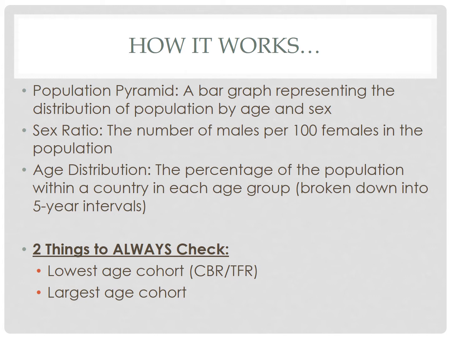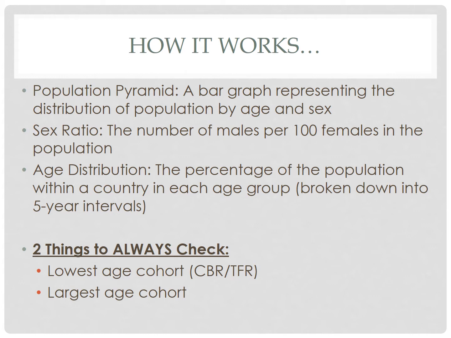So we standardize one of the sexes, in this case female, so it'll always be out of 100 females, and for every 100 females, how many males do we have? It could be 90 males for every 100 females. It could be 105 males for every 100 females. And so that's what it looks like.